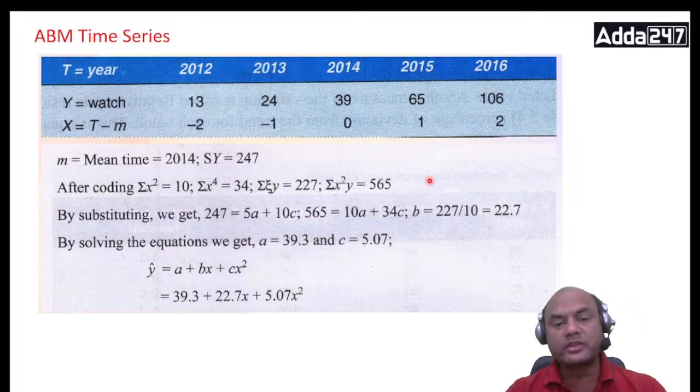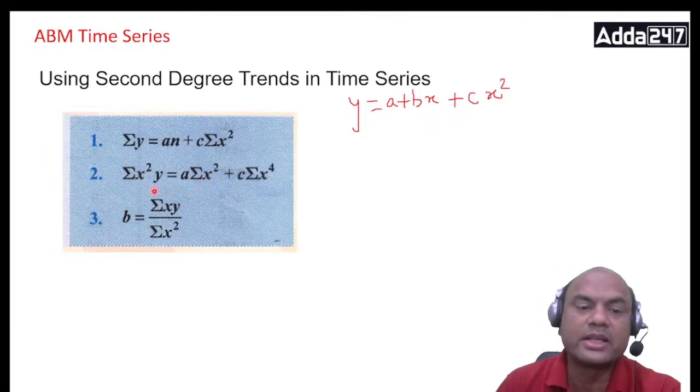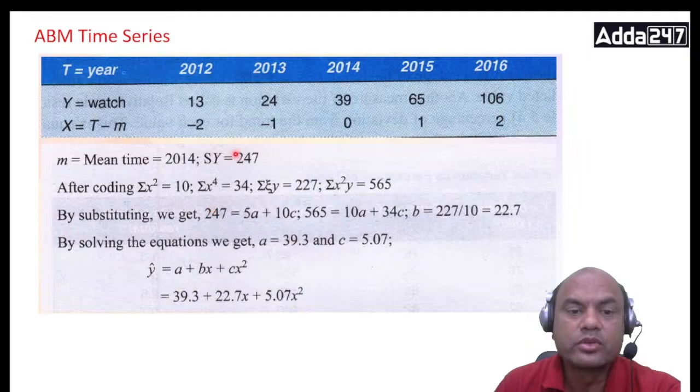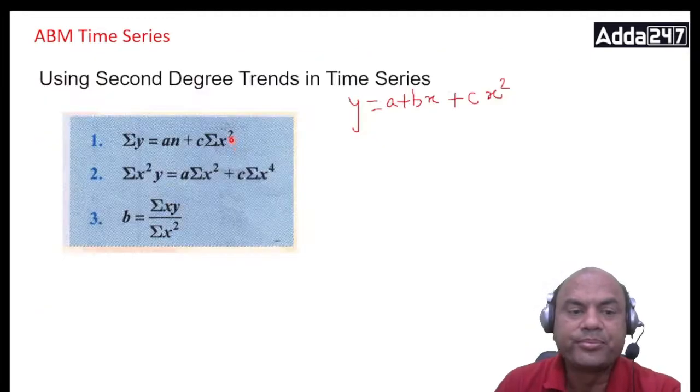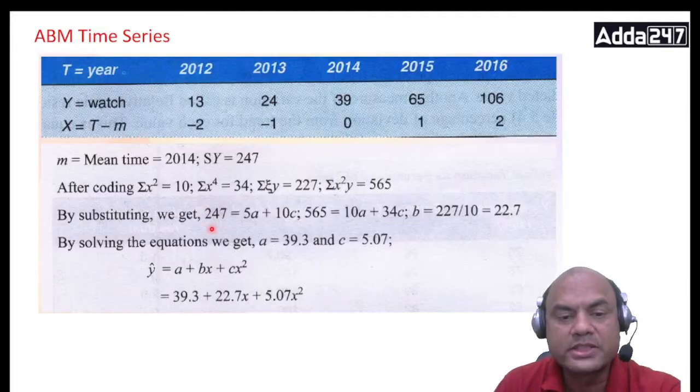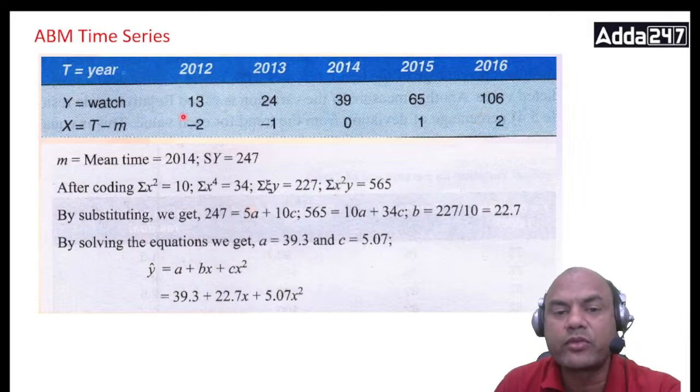Now you substitute the values in these formulae. First formula: summation y equals na plus c summation x square. Summation y you got as 247. What is n? N means how many numbers there are: 5.